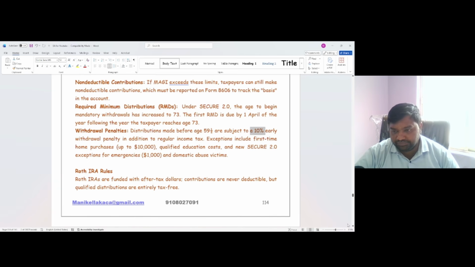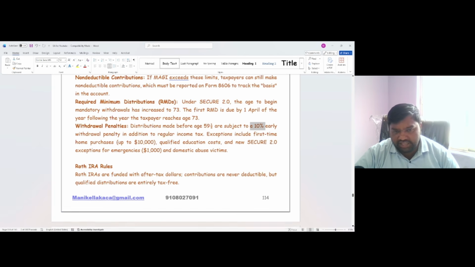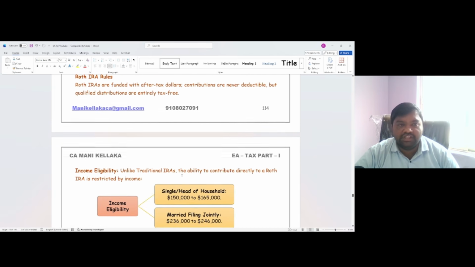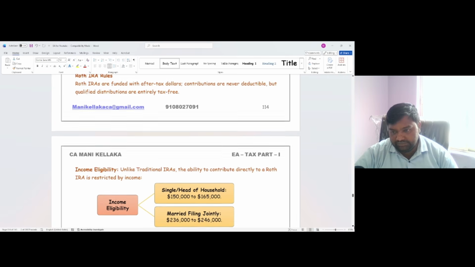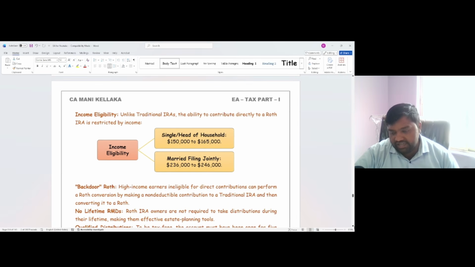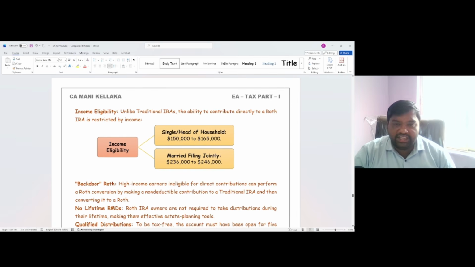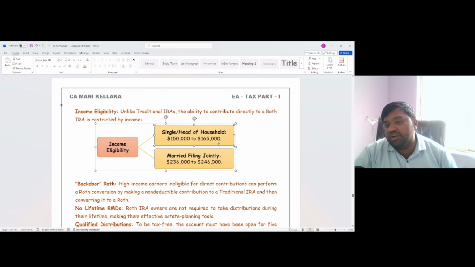Next, Roth IRA rules. I told you Roth IRAs are funded with after tax US dollars. Contributions are never deductible, so you can't adjust them as an above the line adjustment, but distributions are entirely tax free. There are some limits. Income limits for Roth IRA: if your income is between 150,000 US dollars and 165,000, only then can you contribute to a Roth IRA, or else you should not contribute.